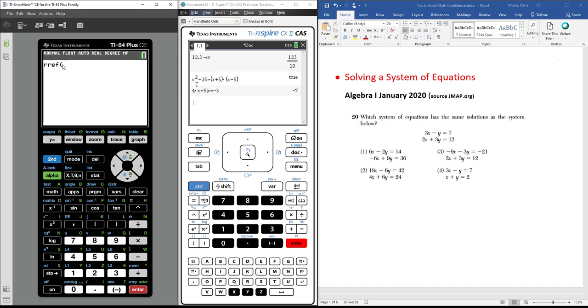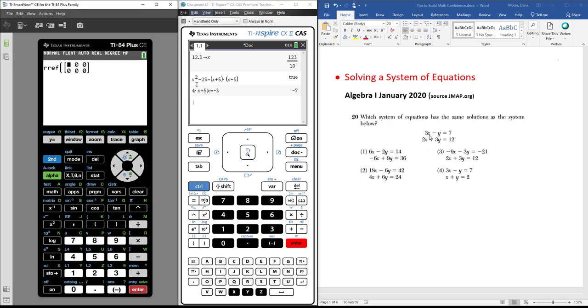So, reduced row echelon form, and I need to create a matrix. Alpha zoom is a shortcut for creating a matrix. I use my arrows, and I select a 2 by 3 matrix. If you teach Algebra 2, where there's 3 equations, 3 unknowns, you can change the rows and columns accordingly.